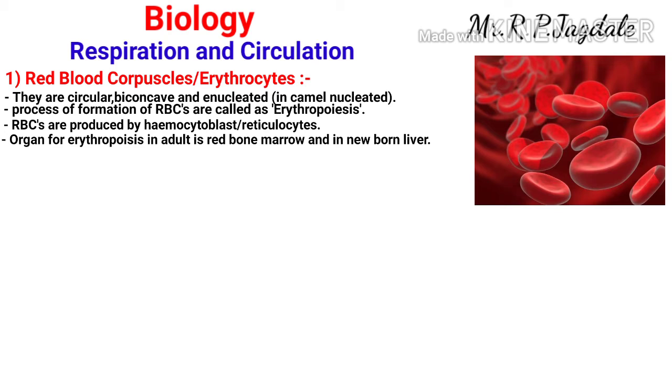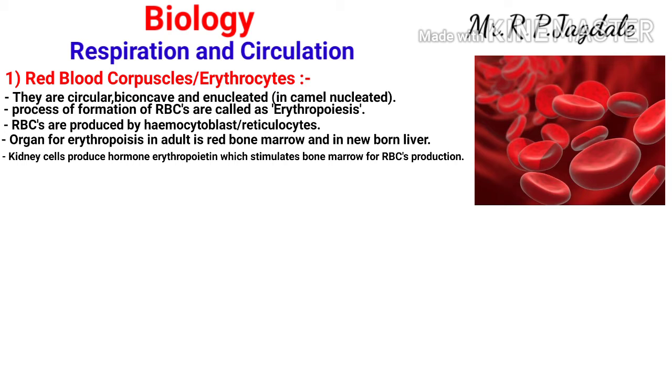The kidney cells produce the hormone erythropoietin. Remember that the kidney cells produce the hormone erythropoietin. What does this hormone function for? This hormone stimulates the bone marrow. Then after stimulation, the bone marrow produces the RBCs.